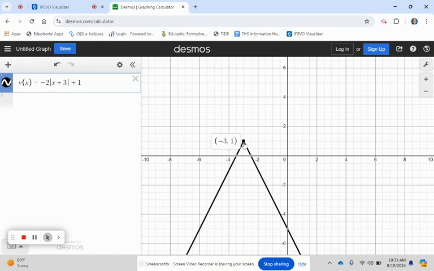Let's find our points. Negative 3, 1. That's not good. Let's see if this negative 4, negative 1. And let's see if this point probably works. Negative 2, negative 1.